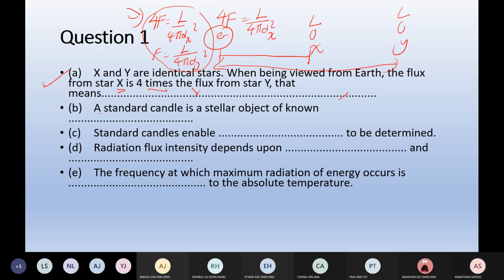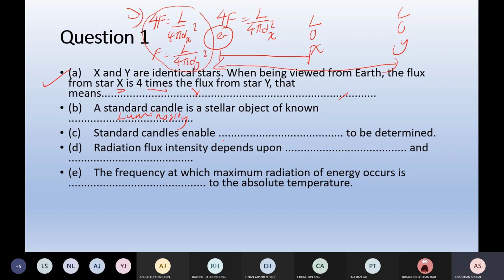B. What is meant by standard candle? A standard candle is a stellar object of known luminosity, right? A star of known luminosity is called a standard candle. Standard candles enable what to be determined?